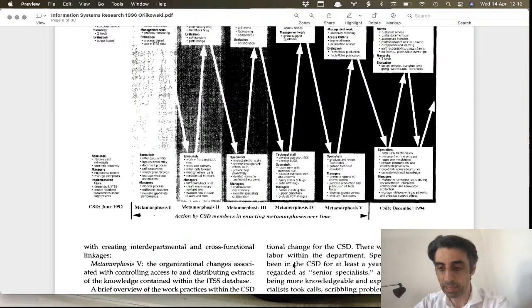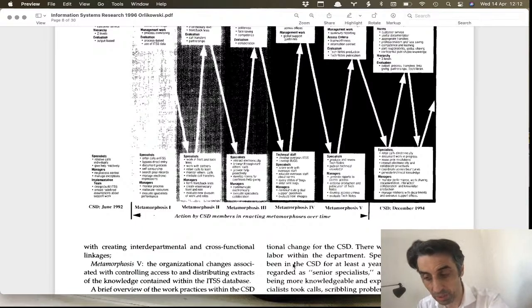So these are two great examples of how you can represent really complex data. The first example is about the analytical process. The second example, this Orlikowski example, is about the results section.